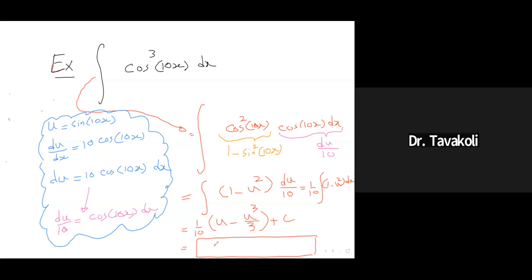So the final answer is going to be 1/10 sine of 10x minus 1 over 30. Why 30? 1/10 times 1/3 becomes 1/30, times u cubed. u is sine of 10x, so sine cubed of 10x plus c. So here the power of sine in the second term is 3. And that's the final answer.